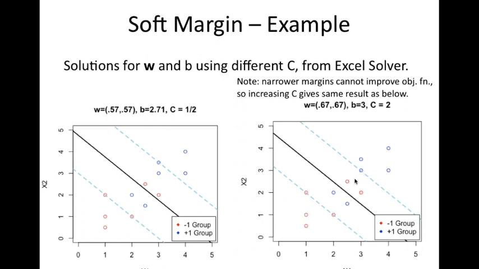So if we were to make narrower margins at all, we would just lose objective function value from having a narrower margin, and we would never get any better classification of points. So for any increase in C here, I tried doing this, I think, with like 8 or 10 or something, and it just ends up with the same as this. So I don't know exactly where the cutoff between 1/2 and 2 was, but just logically, you cannot get the objective function any better than that.